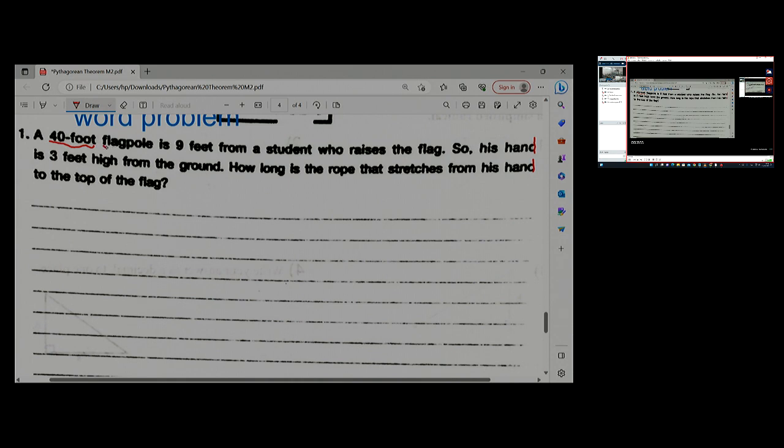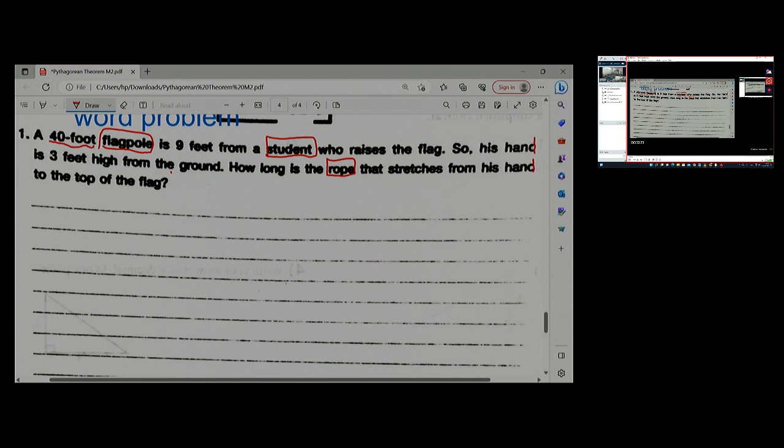A 40-foot flagpole is... so his hand is 3 feet high. Do you understand?